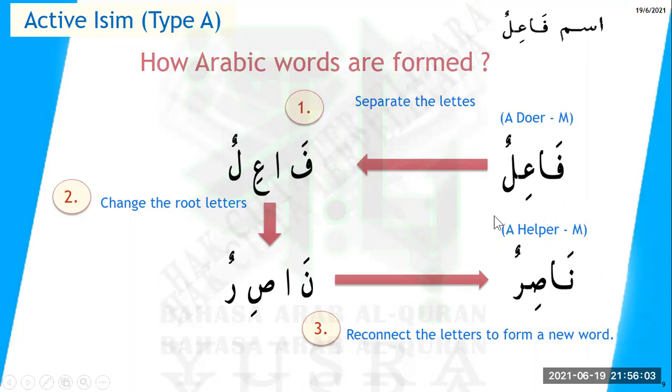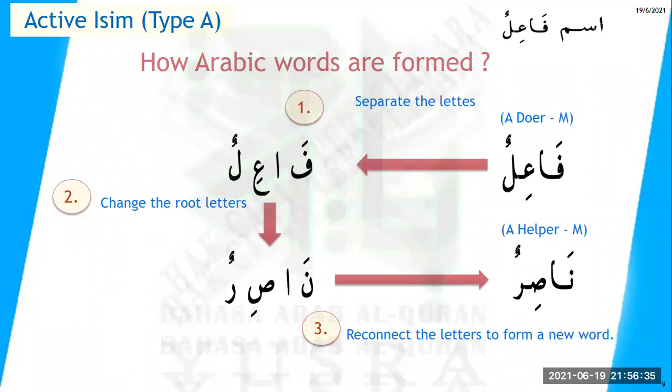So we have fa'ilun, we add an alif, it becomes a doer, and nasirun here becomes a helper, a male helper. Now, don't worry about feminine. Everything I'm going to show initially will be the masculine form, because once you know a male, you should know a female.